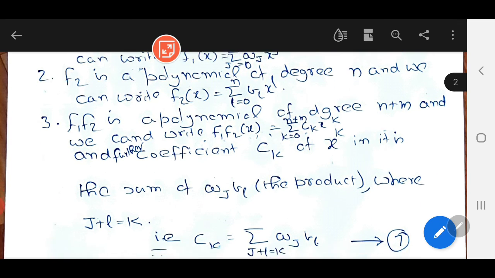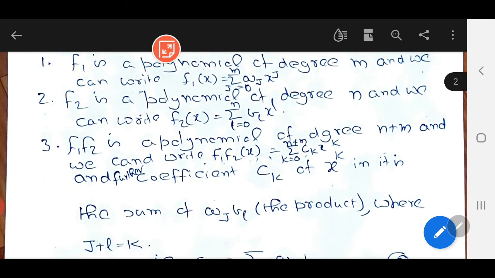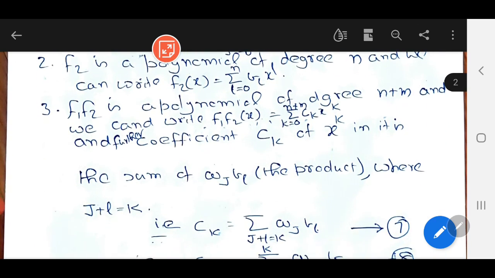Now f1 f2 is a polynomial of degree n plus m. We can write that as sigma ck x power k. Here the summing variable, that is the index, is k, and it varies from 0 to n plus m because f1 f2 is a polynomial of degree n plus m.